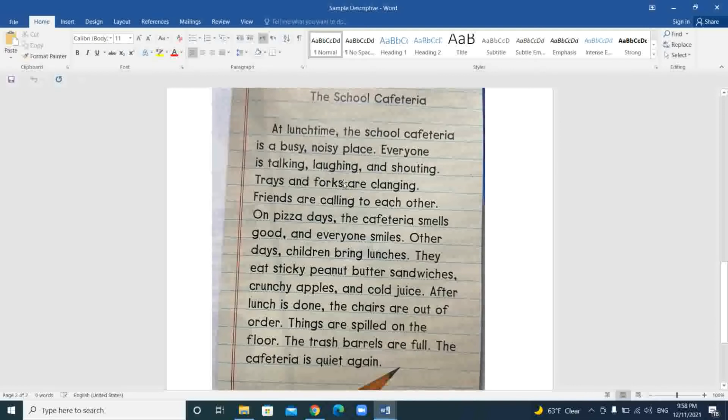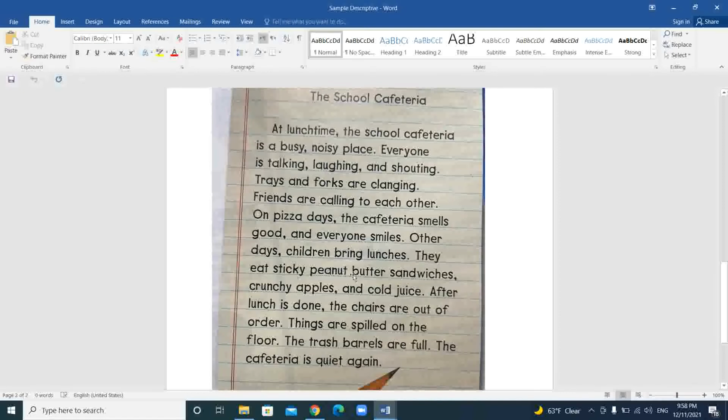Everyone is talking, laughing, and shouting. Trays and forks are clanging. That means that trays and forks are making a clanging noise. Friends are calling to each other. You know, sometimes when people go and sit on the tables, they wait for their friends, and when they see their friends, they call on them. On pizza days, the cafeteria smells good and everyone smiles. Other days, children bring lunches.